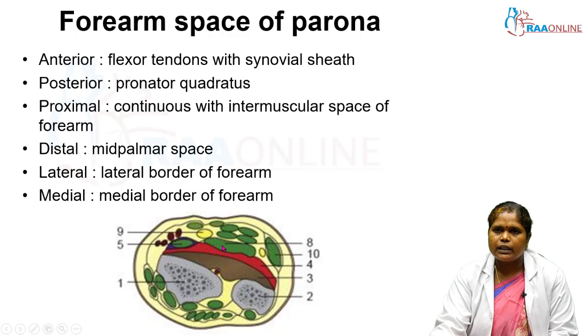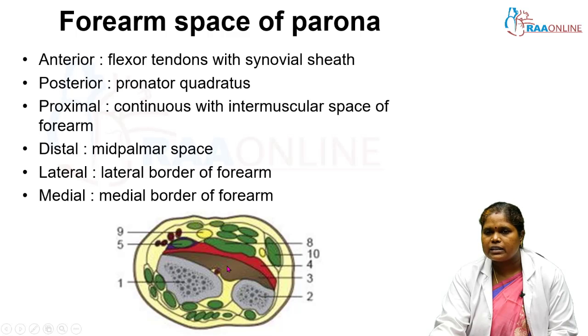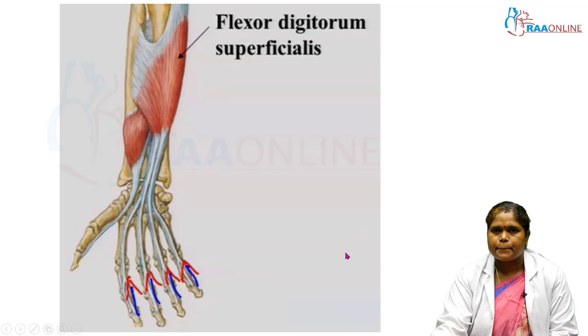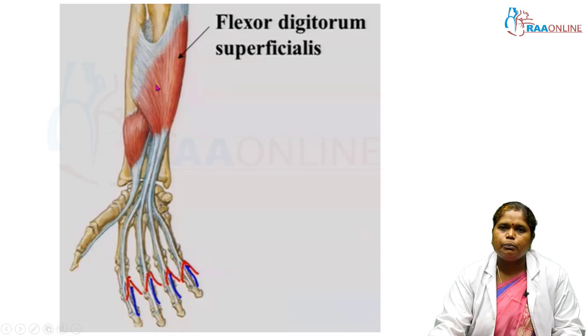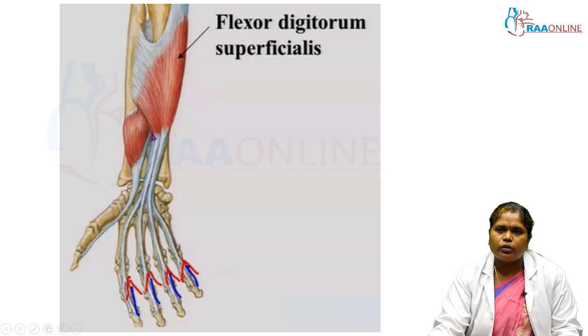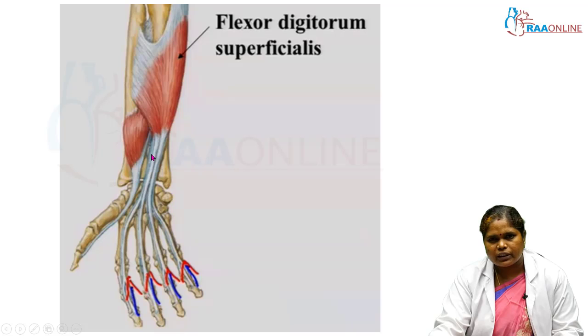So between the flexor digitorum profundus muscle and the pronator quadratus muscle we have the forearm space of Parona. See here, you can see the deep group of muscles. In the forearm there are three muscles. You are seeing flexor digitorum superficialis, which is actually a muscle of the superficial group. Deep to this will be profundus. And this is flexor pollicis longus to the thumb.